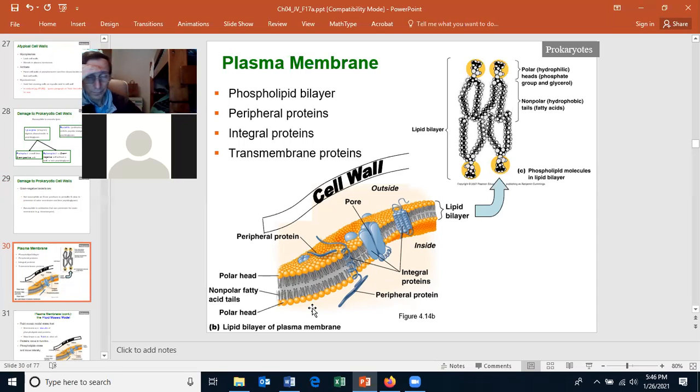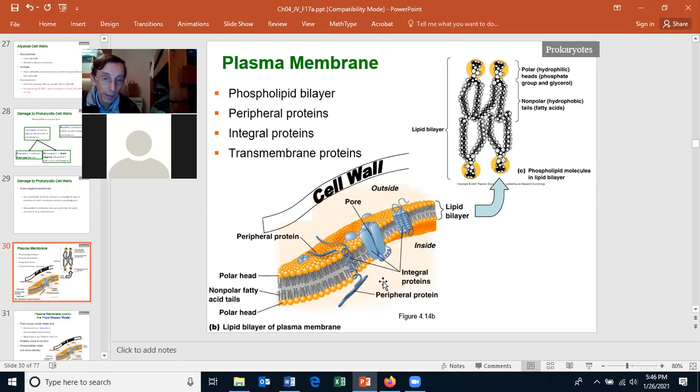A protein on a membrane, specifically the plasma membrane, but it can be any membrane, that is only on one side of the membrane, is called a peripheral protein. If, on the other hand, the molecule is inside the membrane, as well as maybe outside, then it's called either an integral protein or a transmembrane protein.